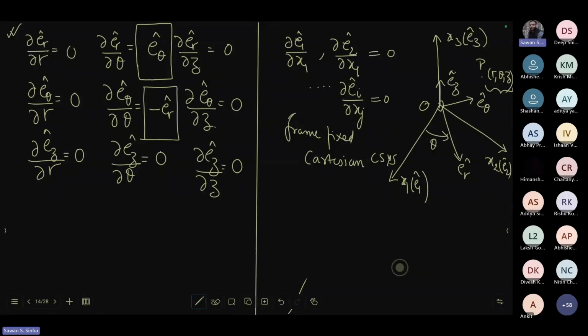So most of them are still zero, but 2 are non-zero, and they can have consequences when you are trying to write, say, the gradient of a tensor, divergence of a tensor. You will have to pay attention to these non-zero quantities. Okay.